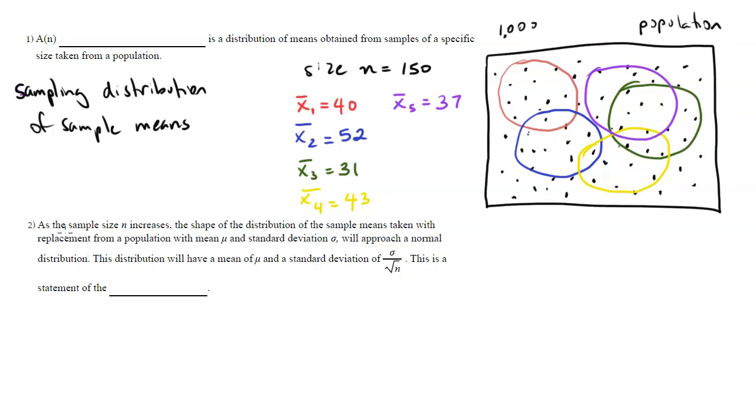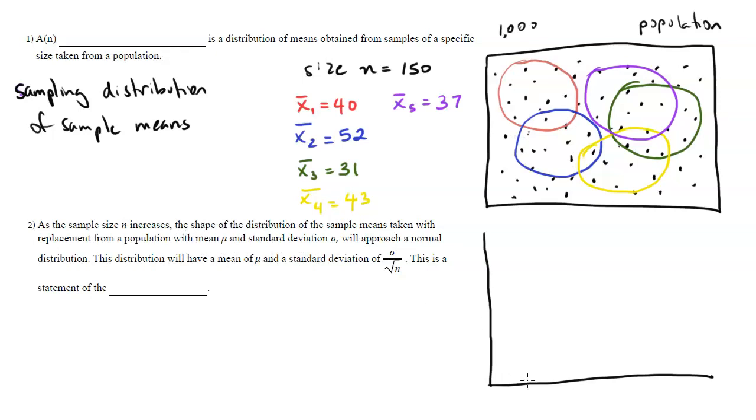So, as the sample size n increases, as it gets larger and larger, right? As I get closer and closer to 1,000, the shape of the distribution. So if I was to do some kind of histogram with these values, I'll put 31, I'll put all the values in here, taking with replacement from a population with mean, et cetera.